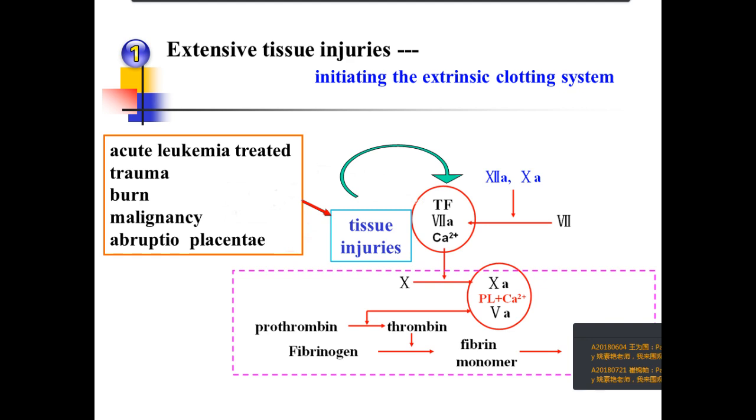Factor 10 and factor 5 form a complex called the activator of prothrombin. It stimulates prothrombin to form thrombin, and leads fibrinogen to form fibrin, a fibrin clot. It is the extrinsic coagulation pathway. So the first pathogenesis: tissue factor moves into the blood.